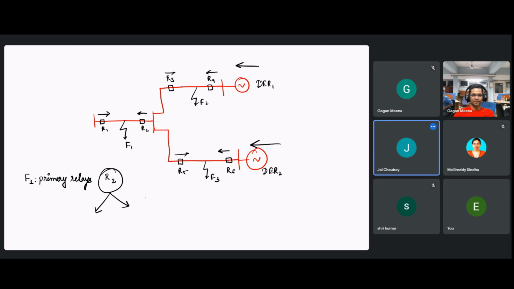So for F2, which one will be the primary relay? See all the possible current directions for fault F2. How many currents will feed this fault? Then decide.